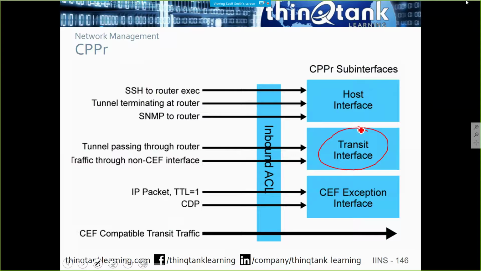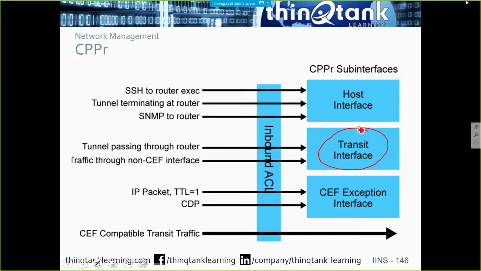Does that make sense? Yes. So the first packet is process switched. Build all of my ARP caches, my MAC address to interface mappings, my routing table map, everything, right? So that first packet gets process switched, and then the remaining packets get cache switched, right, through the data plane.